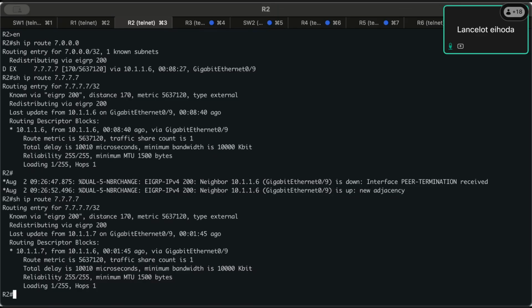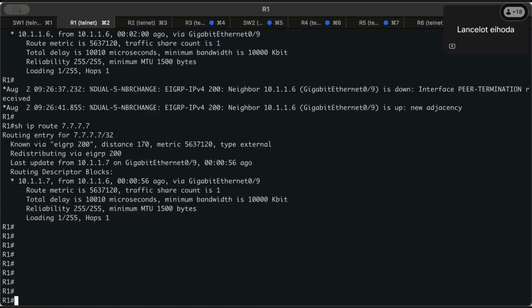Now the next thing is they said all routers in EIGRP 200 should have their hello timer set to twice the default. So how do we even know what the hello timers are in the first place? We know routers 1 and 2, and I think router 3, have EIGRP 200, right? Yes, but let's confirm. Show IP protocols.